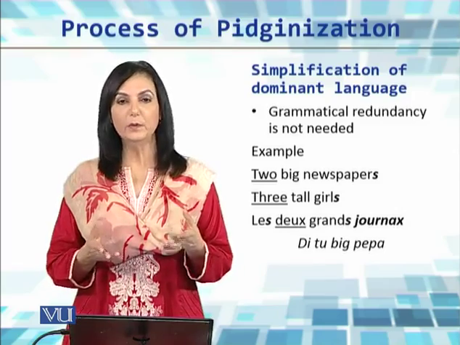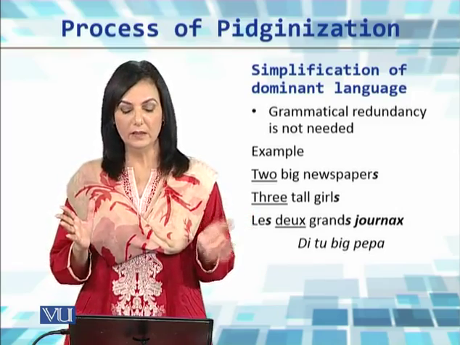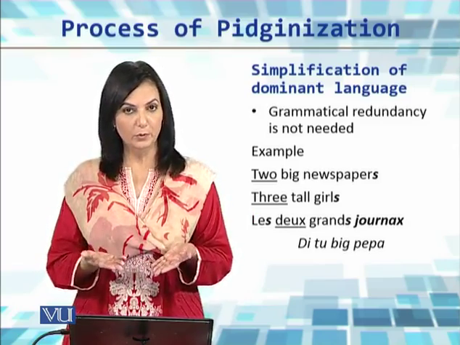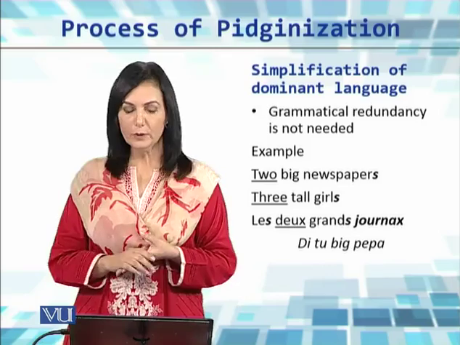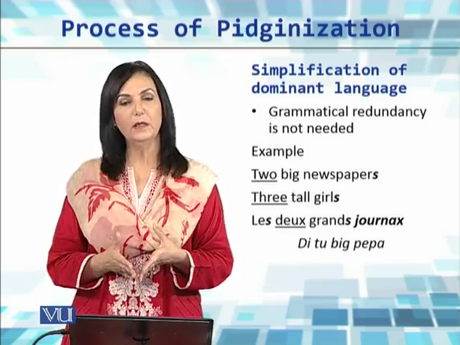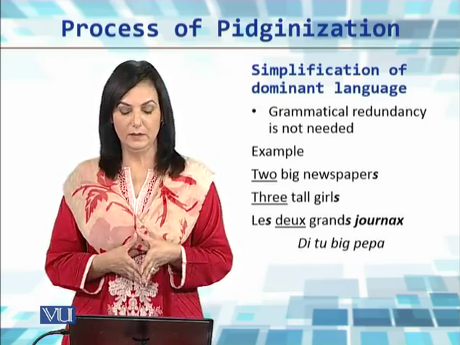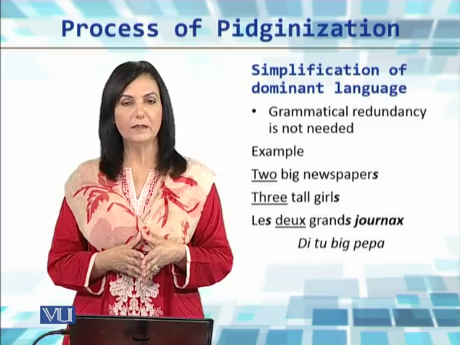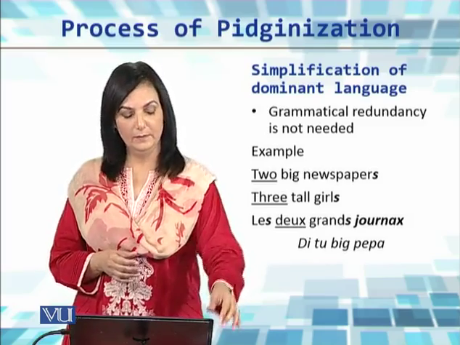But the pidgin will do away with all this redundancy, and only one word which shows plurality, for example, 2, will be enough. So we have an example like "the 2 big pepper," which means "the 2 big papers." This is a sentence from, I guess, Cameroonian pidgin.